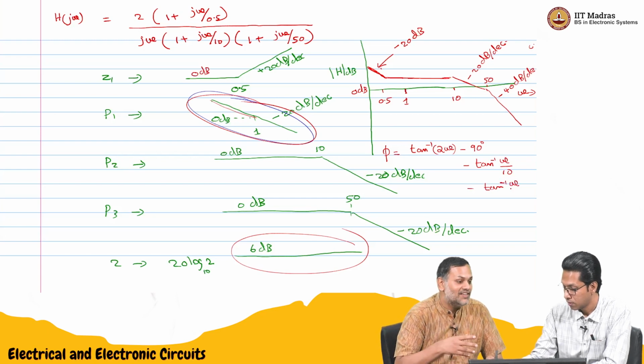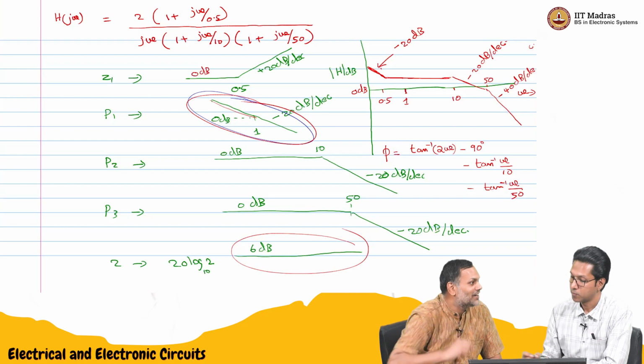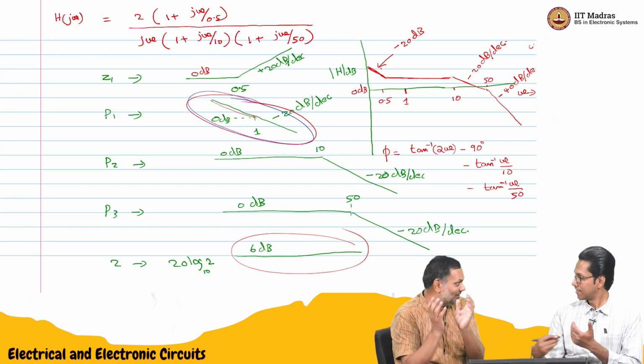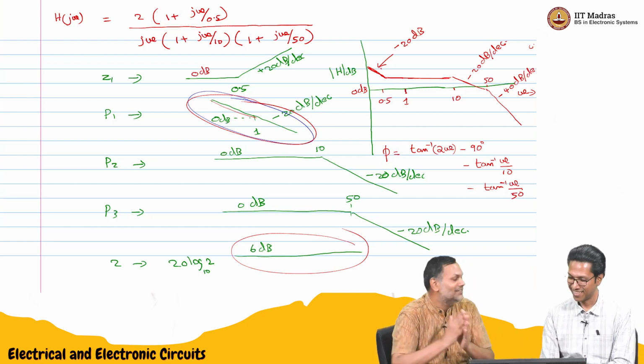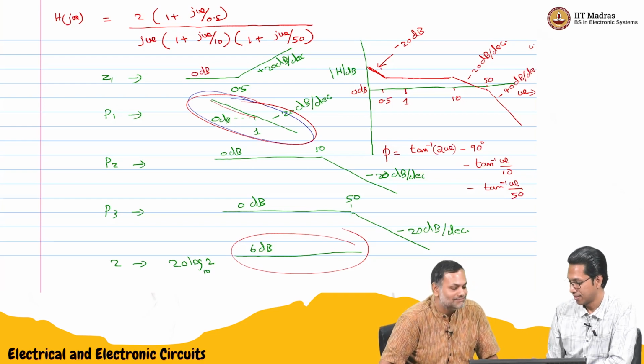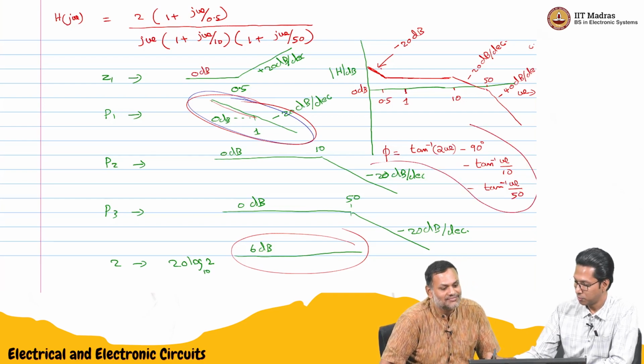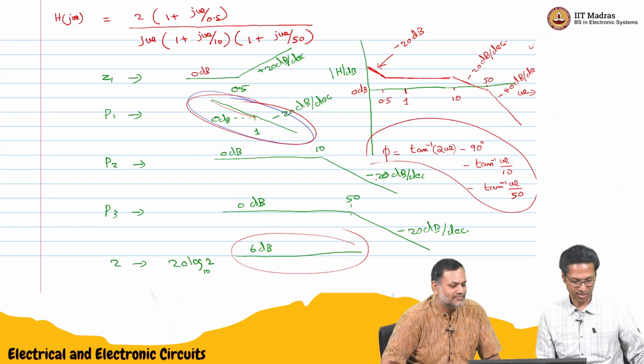That is in fact another advantage of writing H of j omega in this form. You just take the coefficient of j in the imaginary part, and that will give you the phase directly.